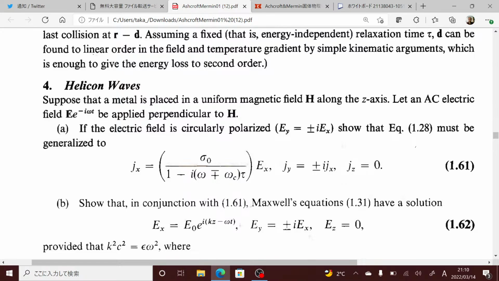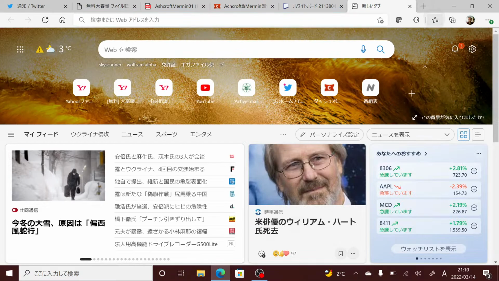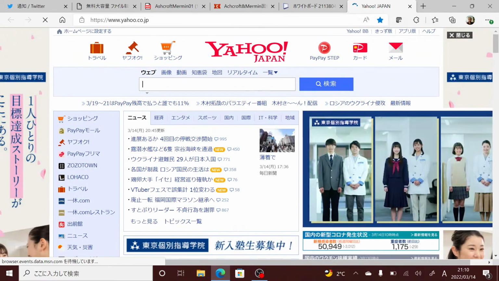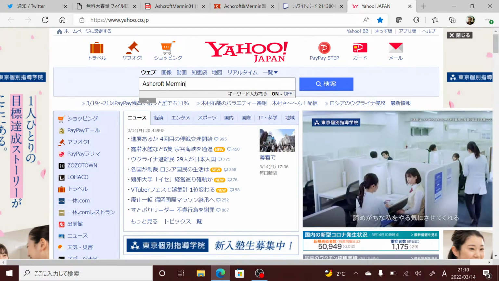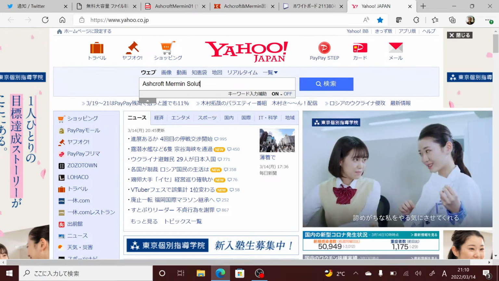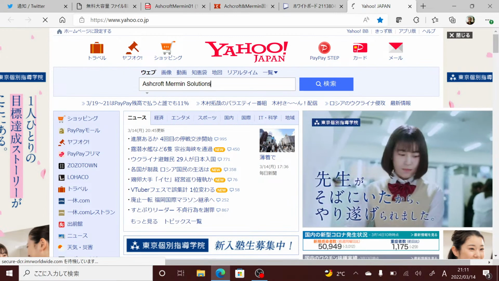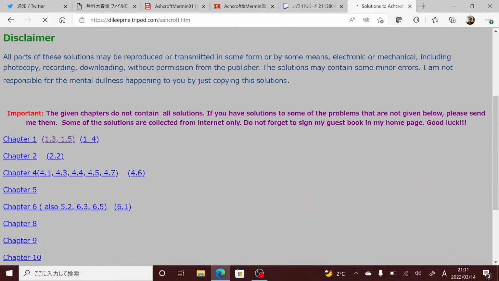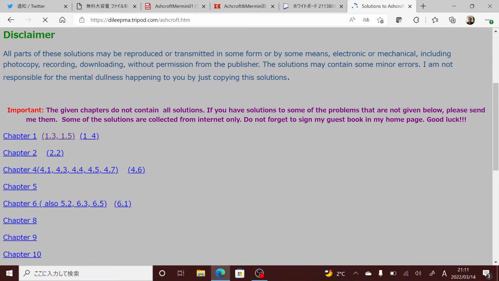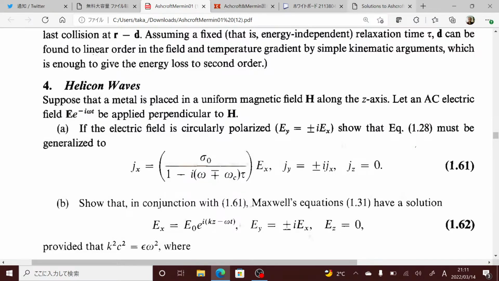Okay, let me see the solutions. I go to solution 1.4. Is it 1.4 or 1.5? 1.4.